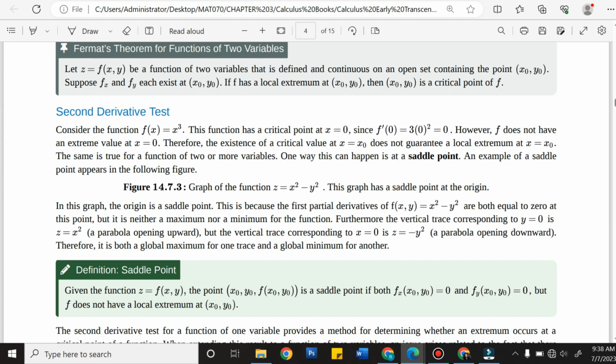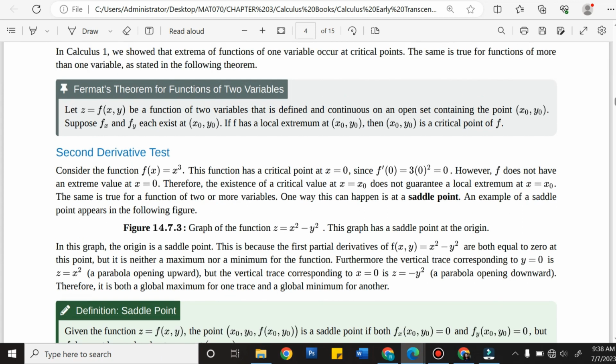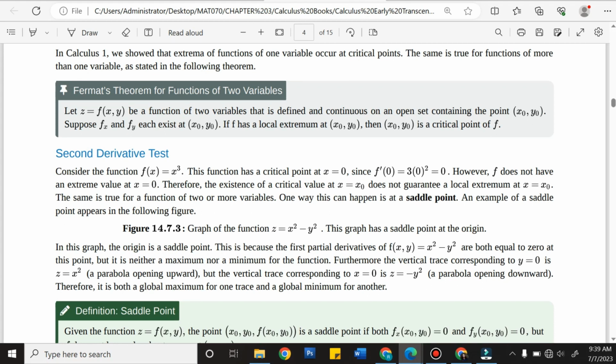So, what is the difference between them, class? In the theorem, you start by assuming a local extremum at x sub o, y sub o, and then it is a critical point. In our earlier definition, if it is a critical point, then it is called a local extremum. So the theorem just reverses it. In other words, it works either way.